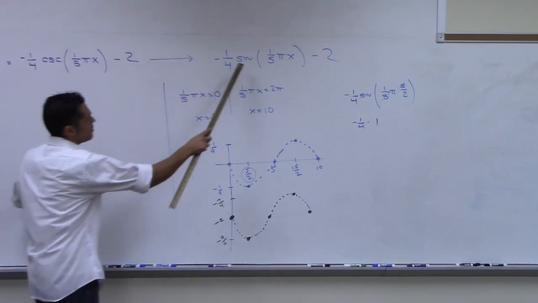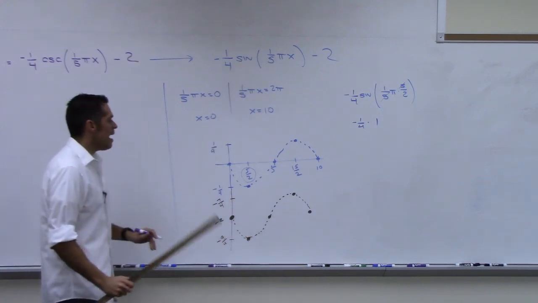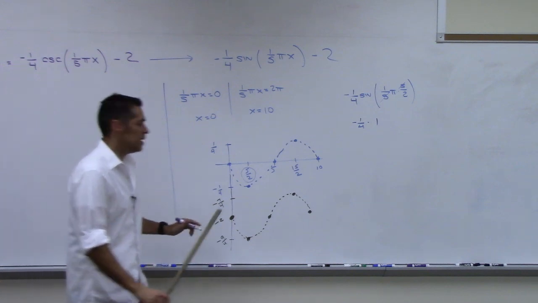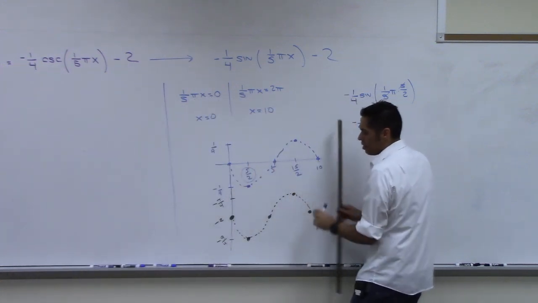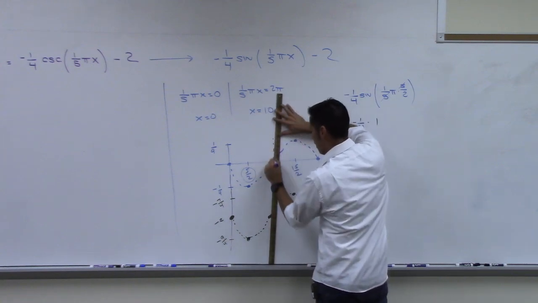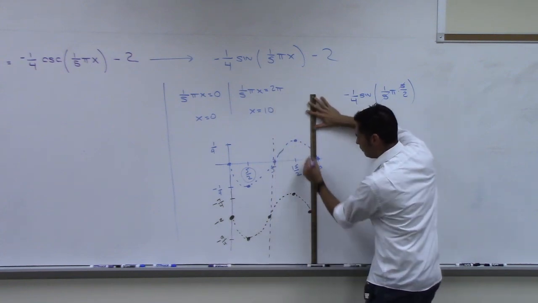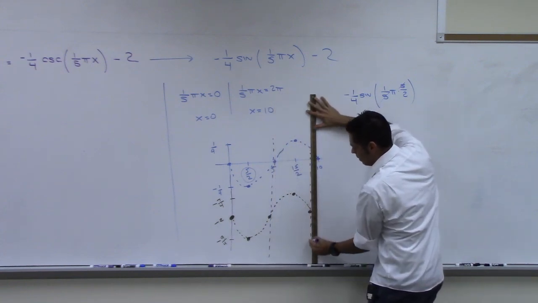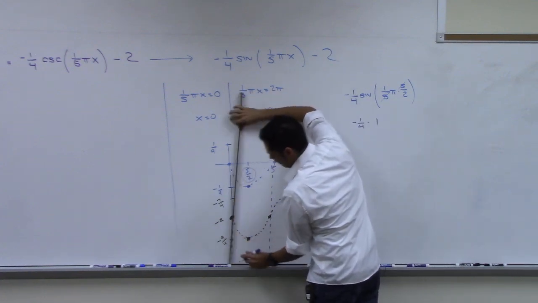Well, this right here is this right here, right? Where did I have the vertical asymptotes? Where would they be? At the x-intercepts here, here, and here, right? So that means I have a vertical asymptote here, like this. I have another one here. And of course I had one at the origin, which was right there, right?